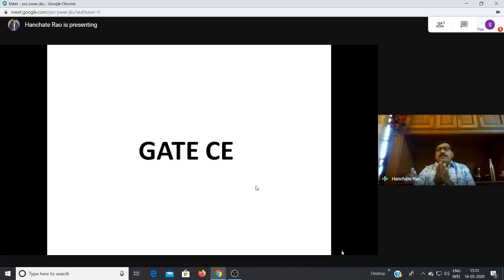Drawing of the bending moment and shear force diagrams is only by concept. If you take a simply supported beam, to draw the shear force diagram and bending moment diagram, the first step is to find out the reactions. You take moments about any one support, either the left support or the right support, and equate the moments of all the forces to 0 about the support.